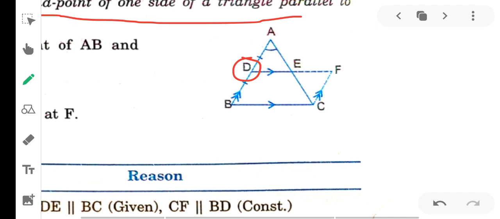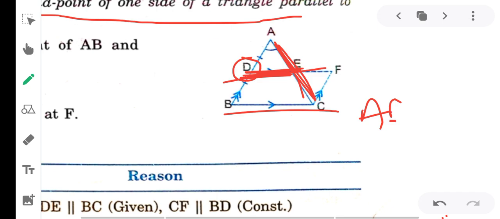Now if you draw a line DE parallel to BC, this line bisects the third side, that means AC.